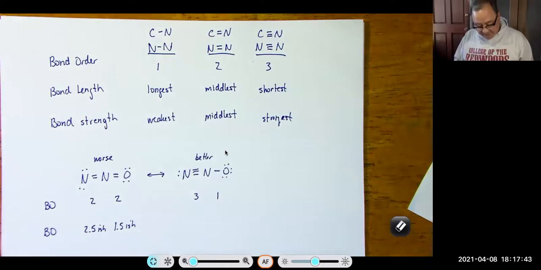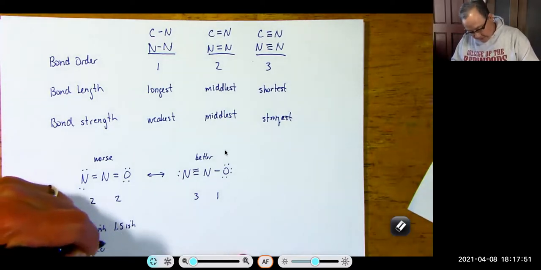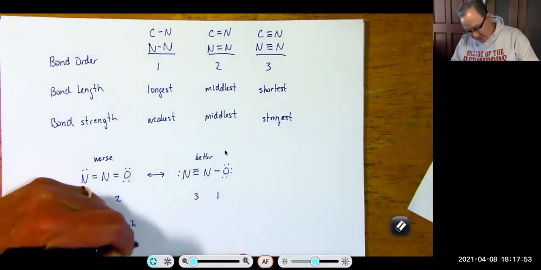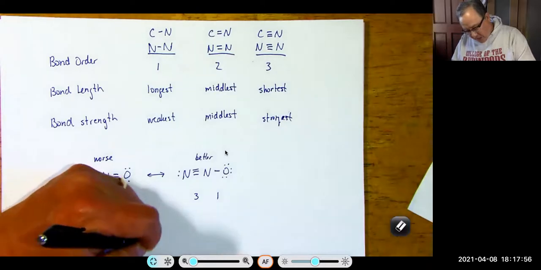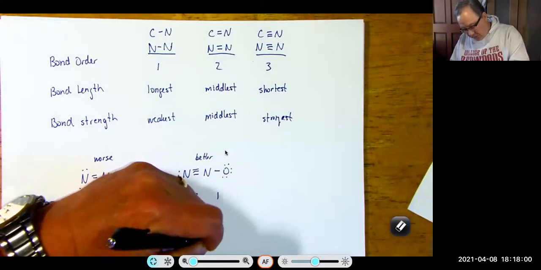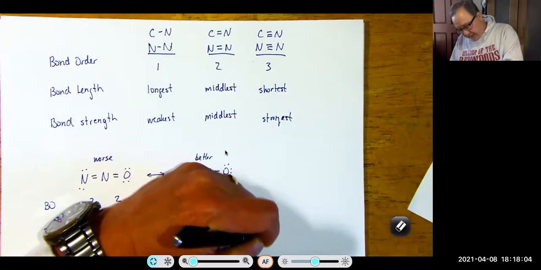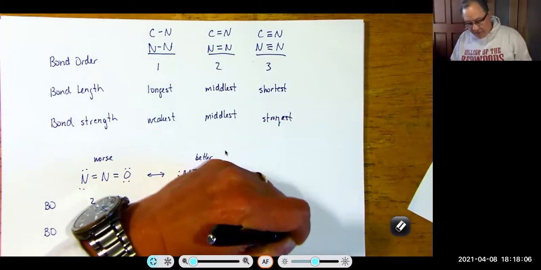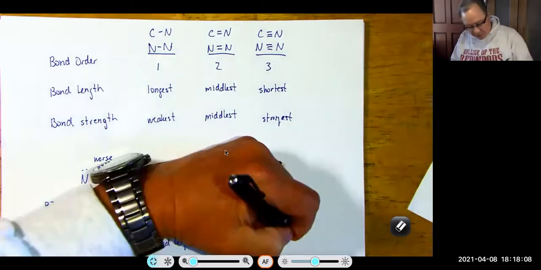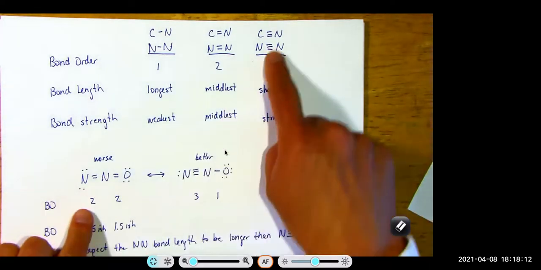Okay. So what we would expect if we did not know the bond lengths is we would say we expect the nitrogen-nitrogen bond length to be longer than a nitrogen-nitrogen double bond or nitrogen-nitrogen triple bond, because the triple bond is the shortest, right?